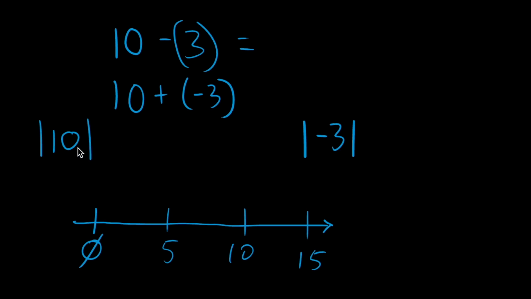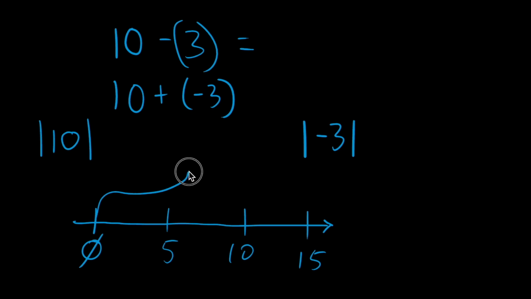So this 10, it is just a number. These vertical lines want us to find the absolute value of 10. So the absolute value of 10 is the distance away from 0. So from 0, oh wow, I cannot connect it to the 10.